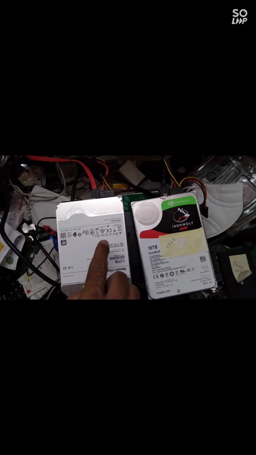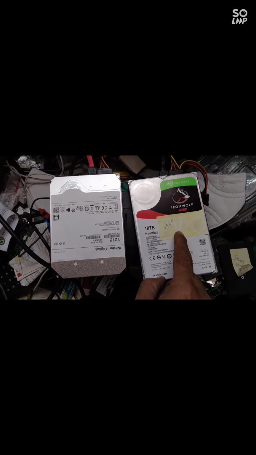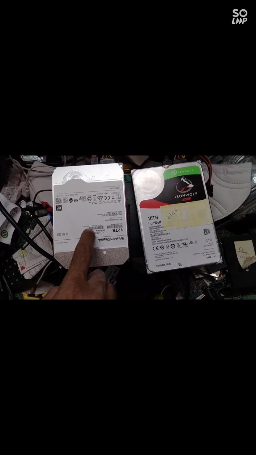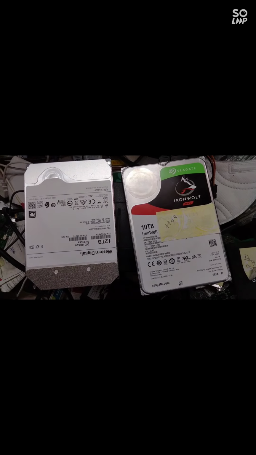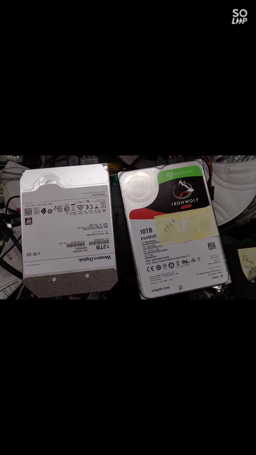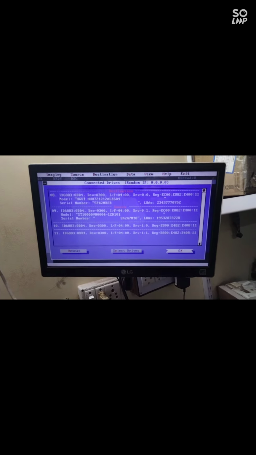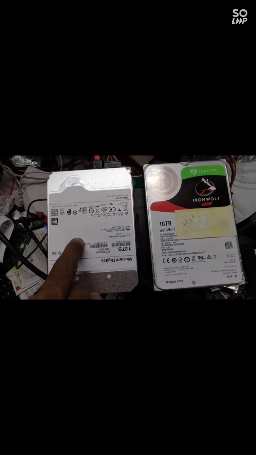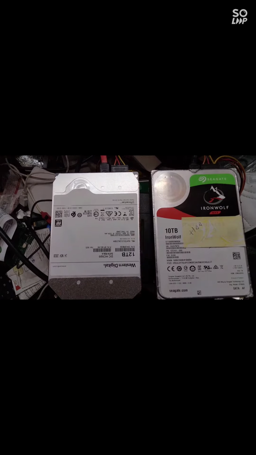Here, look, here are two hard drives. One is a 12 TB hard drive, another is a 10 TB hard drive. The 12 TB hard drive is the destination hard drive, and this is the patient hard drive.